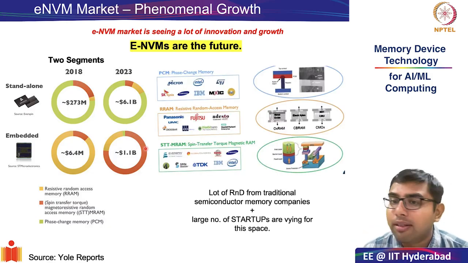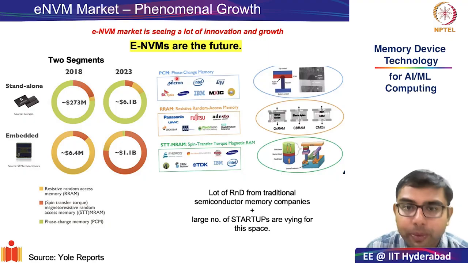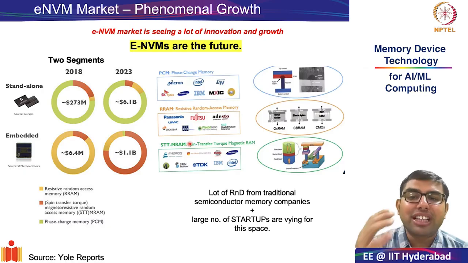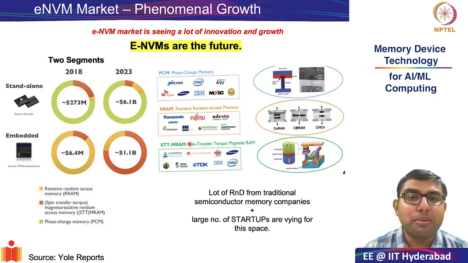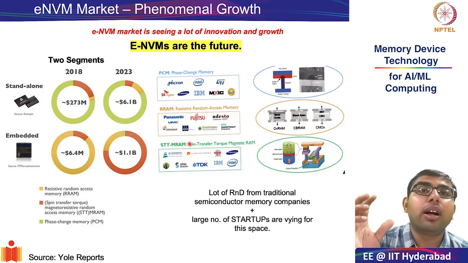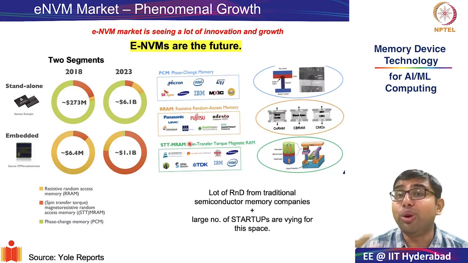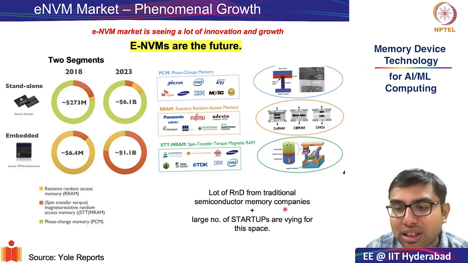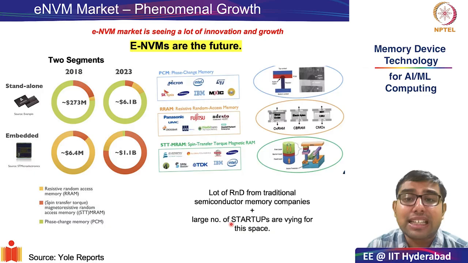So the interesting thing about all these three kinds of candidate technologies, whether it's PCM, RRAM or STT-MRAM, is that a lot of old traditional companies like Intel, IBM, Fujitsu, ST Microelectronics, Micron, all of them are looking very closely at them because they are supposed to be the future, and you don't want to miss the bus on these kinds of technologies. But also very interesting is that a lot of startups are vying for this space, and it is very interesting to know the story of two such startups.